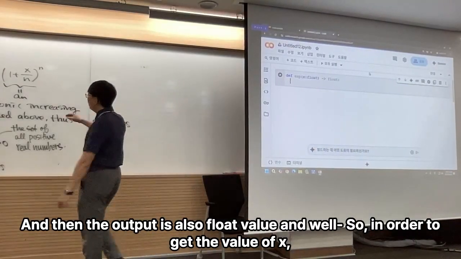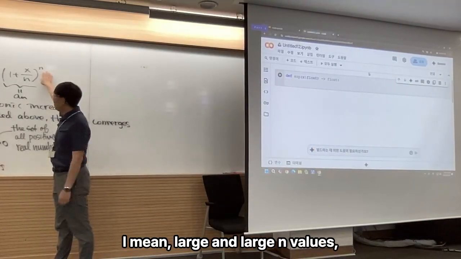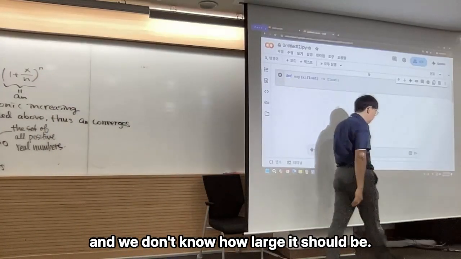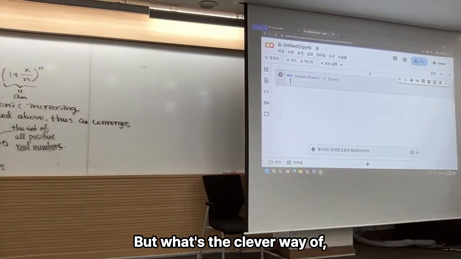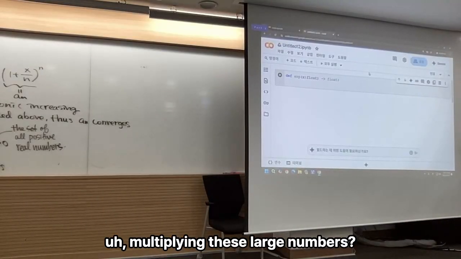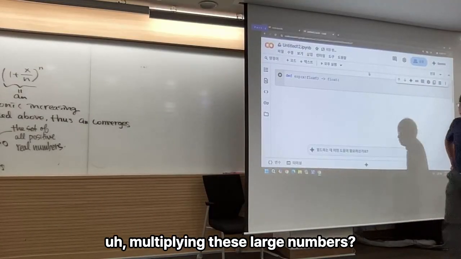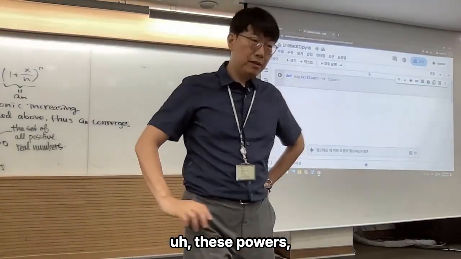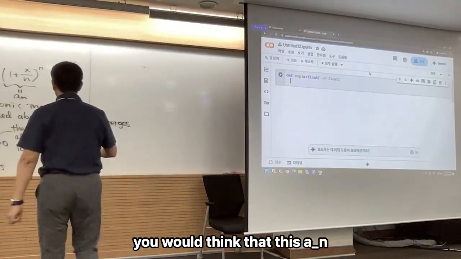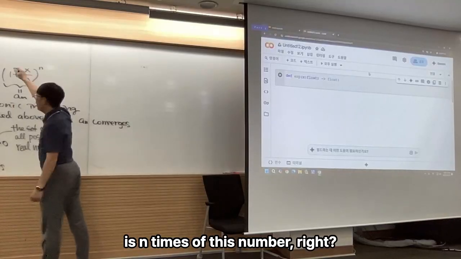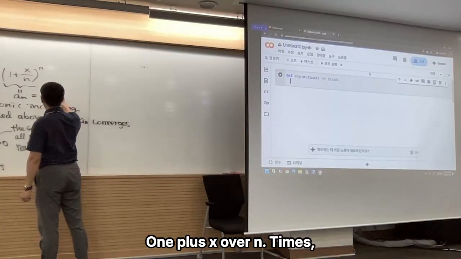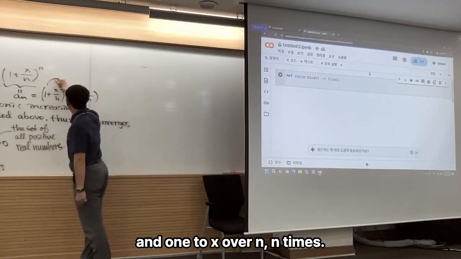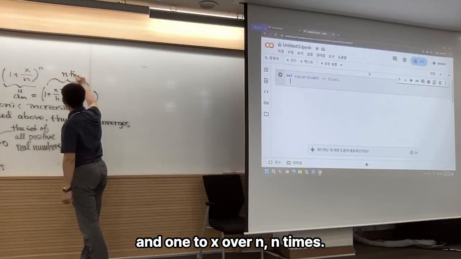In order to get the value of e^x, we need larger and larger n values, and we don't know how large it should be. But what's the clever way of multiplying these large numbers? Whenever you have these powers, you would think that (1 + x/n)^n is n copies of 1 + x/n multiplied together.